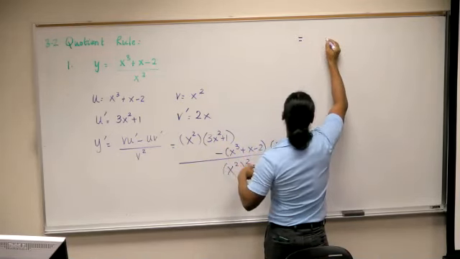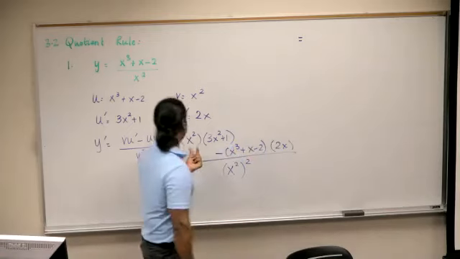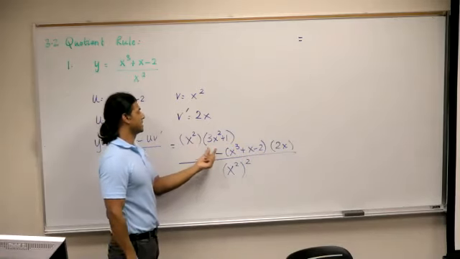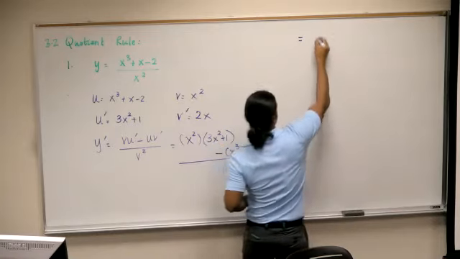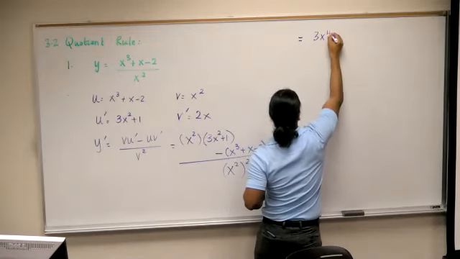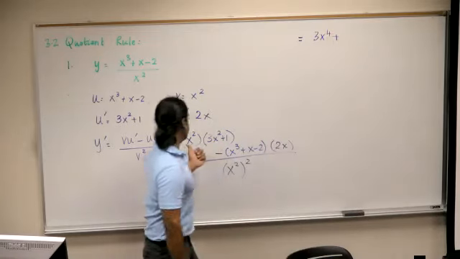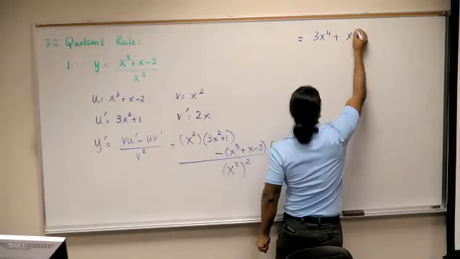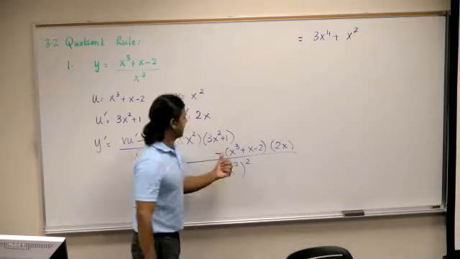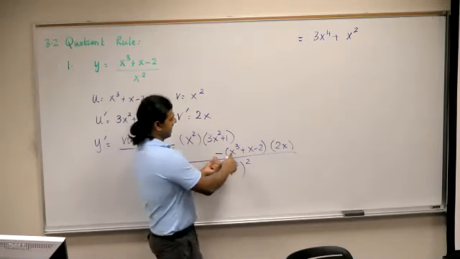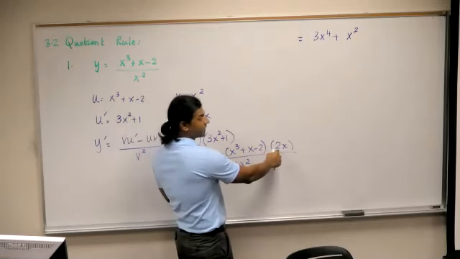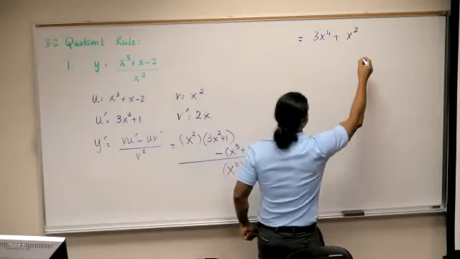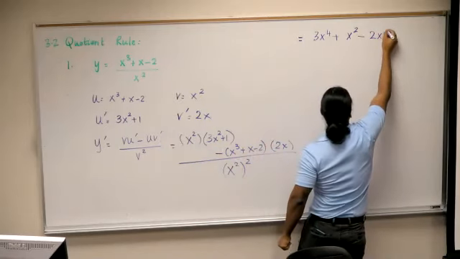I am going to distribute and simplify. x squared times 3x squared is 3x raised to 4. x squared times 1 is x squared, minus x cubed multiplied by 2x, negative 2x raised to 4.